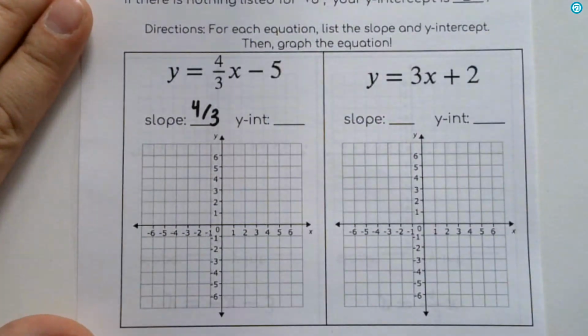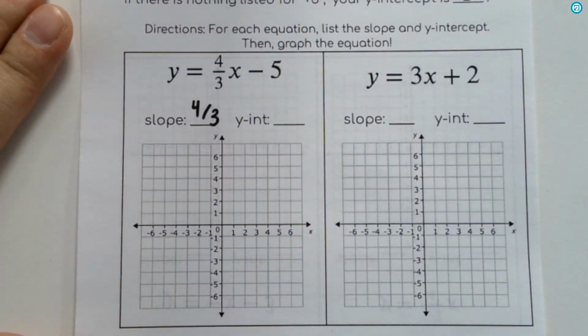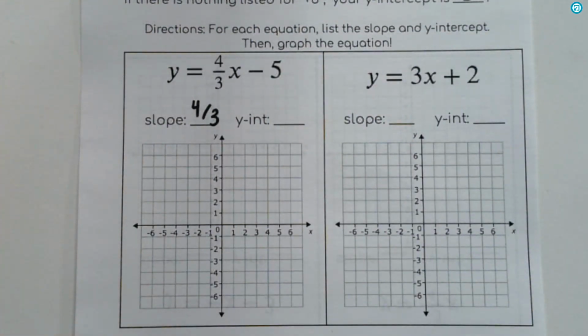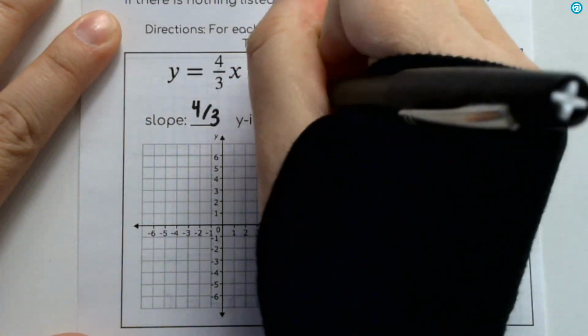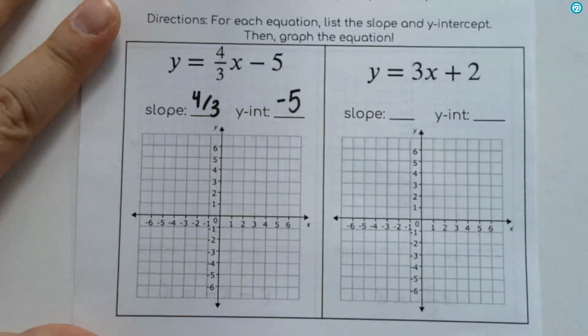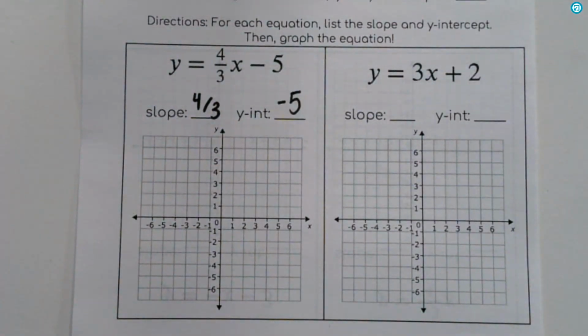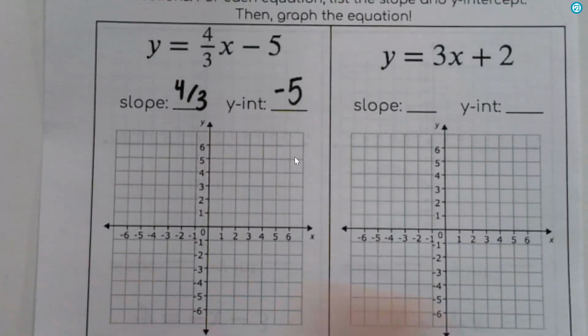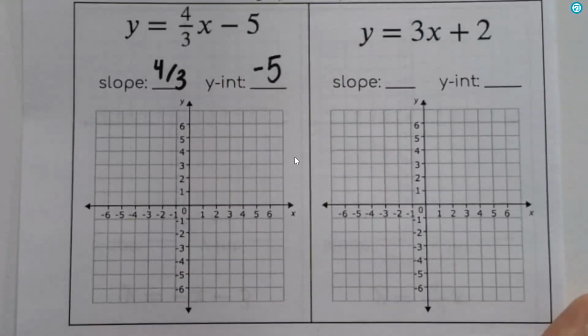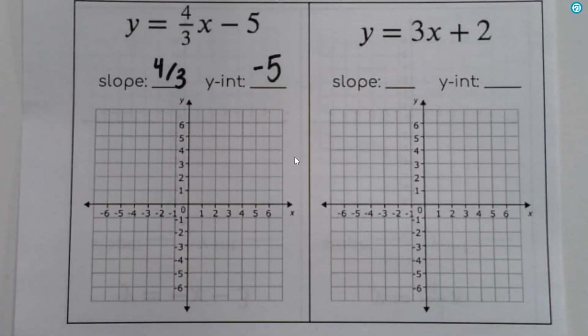That actually makes it easier for us. And then our y-intercept, since that's minus 5, that means our y-intercept is negative 5. So I just find those 2 numbers straight out of my equation.